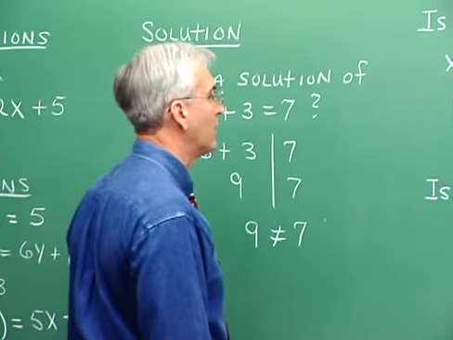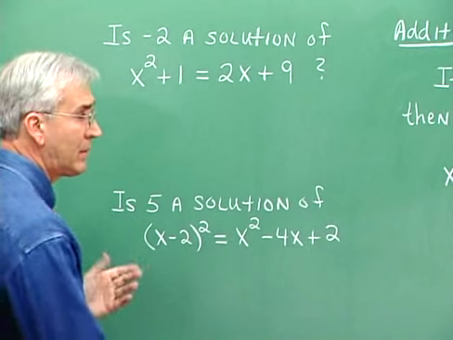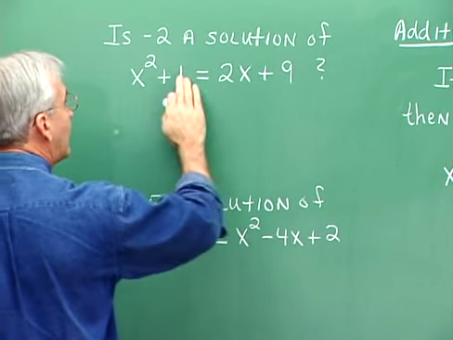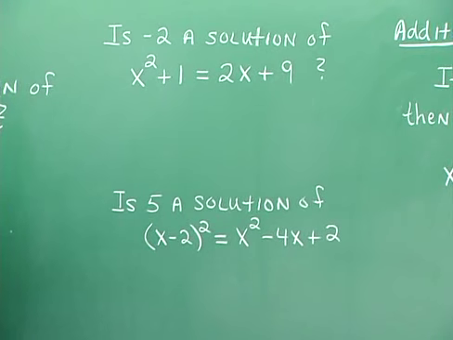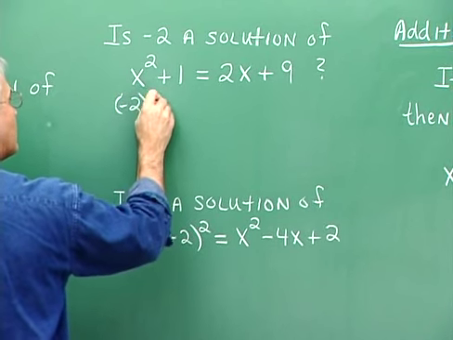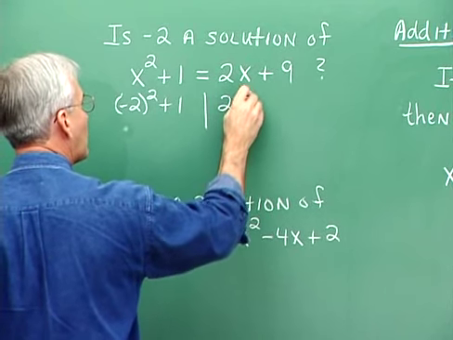Let's go through a couple of others and decide, is negative 2 a solution of this equation? Well, to be able to tell, we replace x with negative 2 on both sides of the equation and evaluate the expression. So we're replacing this x with negative 2, and we replace this x with negative 2 as well.